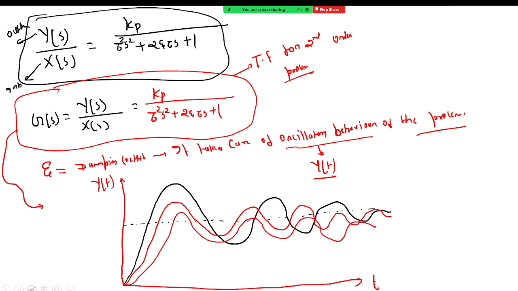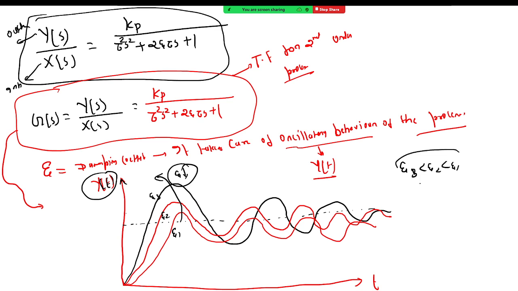Now I'm drawing the y(t) of this particular plot. When we go from this to this, your zeta will be decreasing. Let's say here zeta 1, here zeta 2, and here zeta 3. So zeta 3 will be less than zeta 2, which will be less than zeta 1.